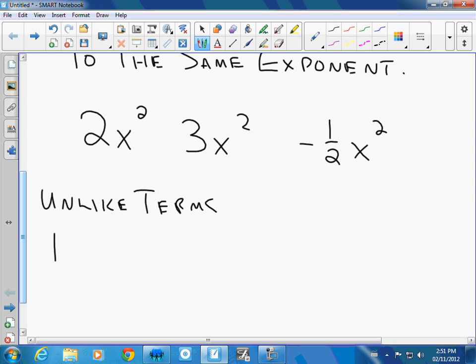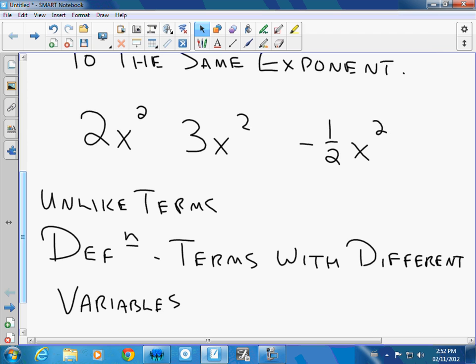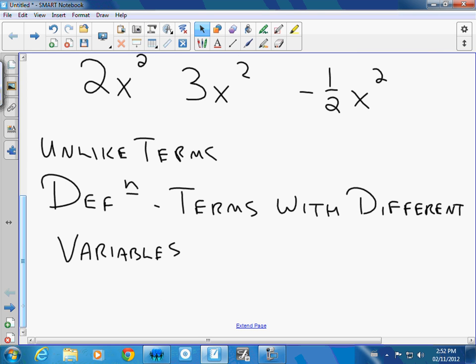Unlike terms. Definition. Terms with different variables, or the same variables but different exponents.